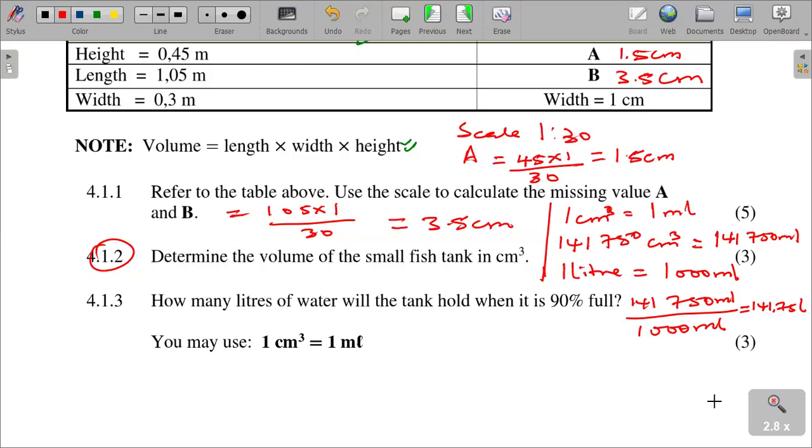Then we continue: 0.9 times 141.75 is equal to 127.575 liters.